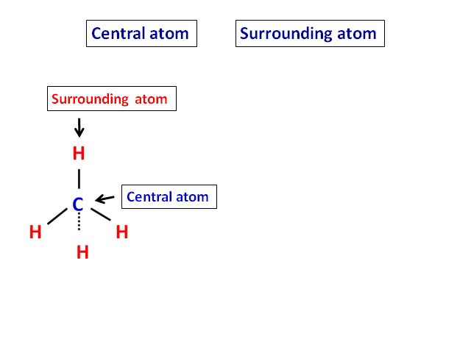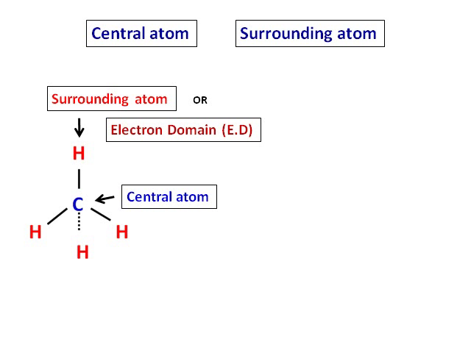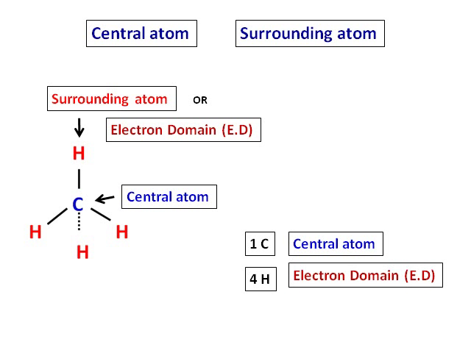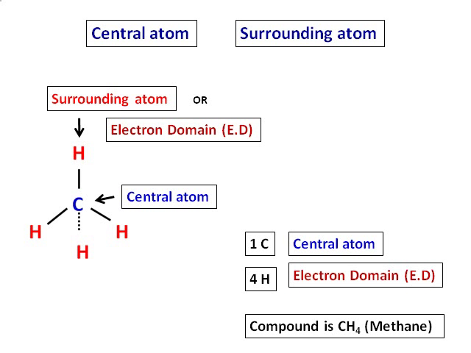So we have 4 surrounding atoms for one central atom. The surrounding atom also has one more name, the electron domain. So that's the name we'll be using, electron domain. So this compound has one C as the central atom, and it has 4 hydrogens as the surrounding atoms, and the name of the compound is methane.